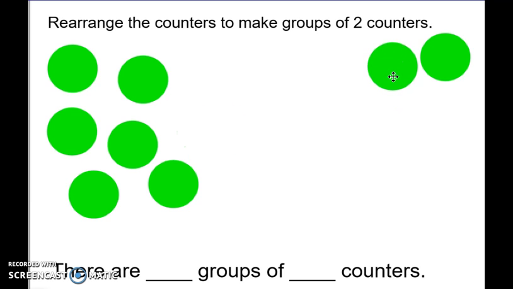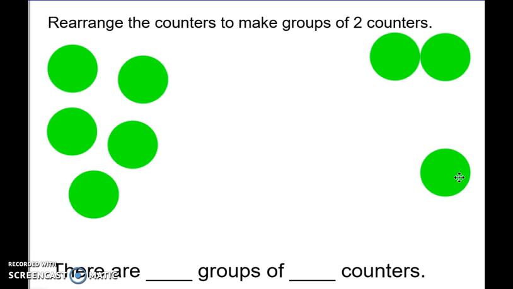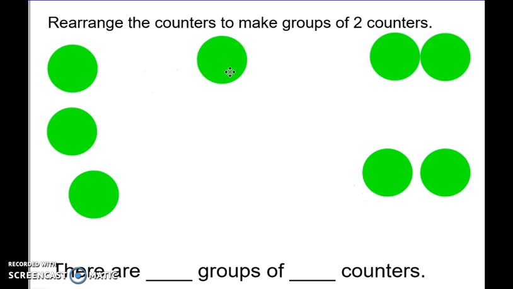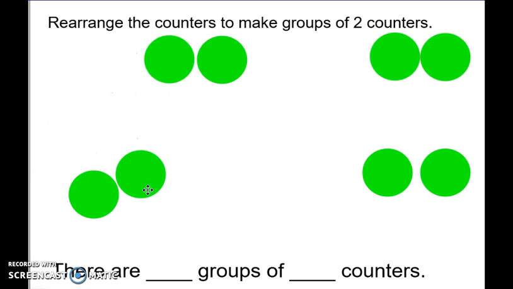Here's one group that has 2 counters. Here's another group of 2 counters. Here's another group of 2 counters. And then my last group of 2 counters. So we have equal groups now.